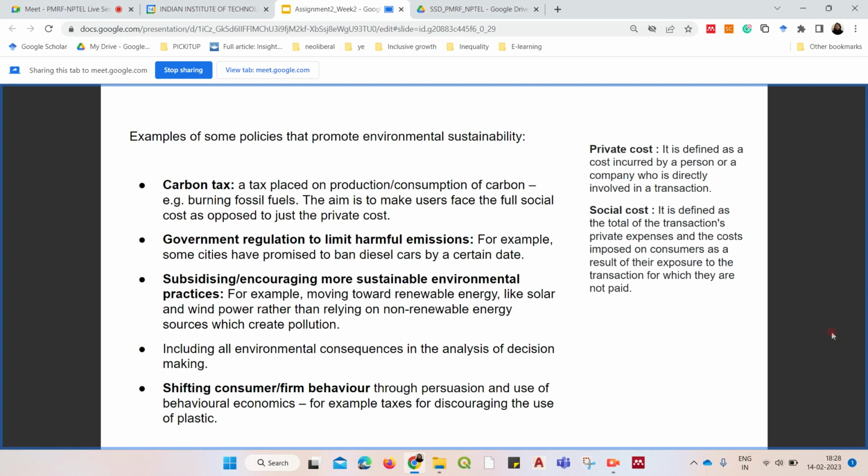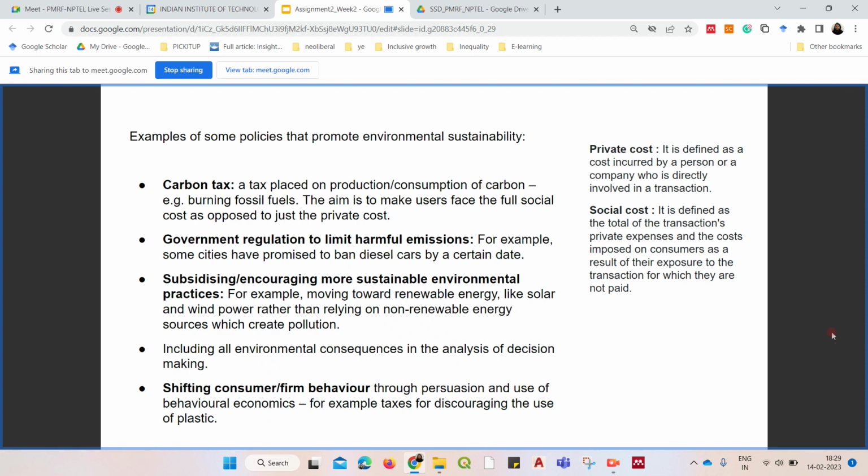So first is carbon tax. So carbon tax is an example of a tax which is introduced to discourage the use of fossil fuels, or discourage the release of carbon dioxide into the environment. So a tax is placed on production and consumption of carbon.